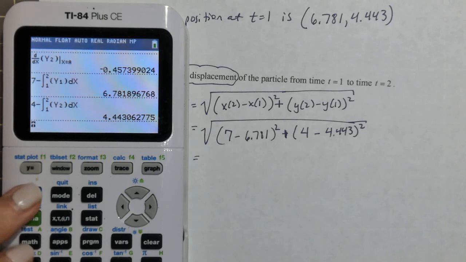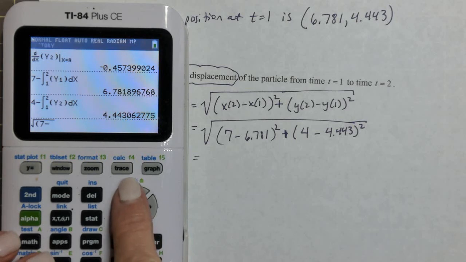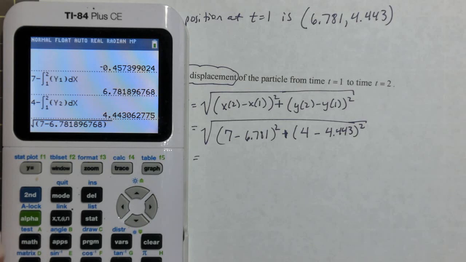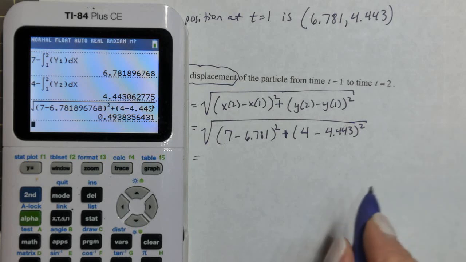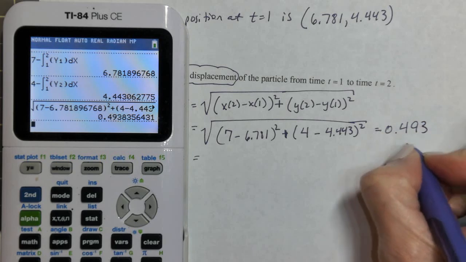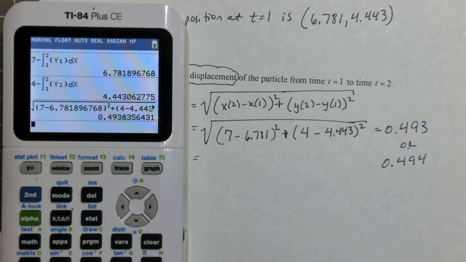So I'm going to have square root, parentheses, 7 minus, I'm going to go up and get the 7, that whole value, close parentheses and square, plus, parentheses, 4 minus, go up and get this 4.443 number, close parentheses and square, and we get 0.493, or acceptable is 0.494 to round that final answer.